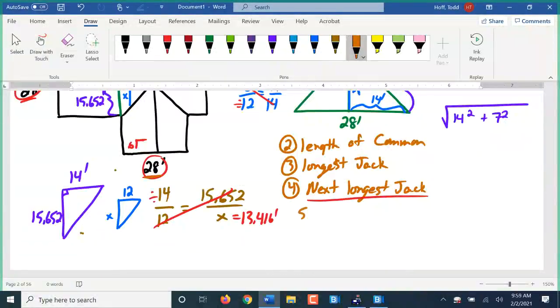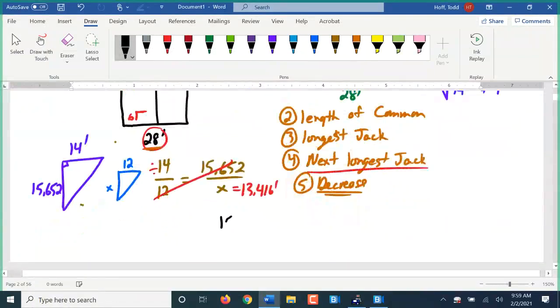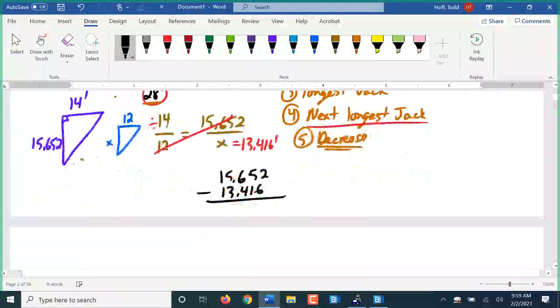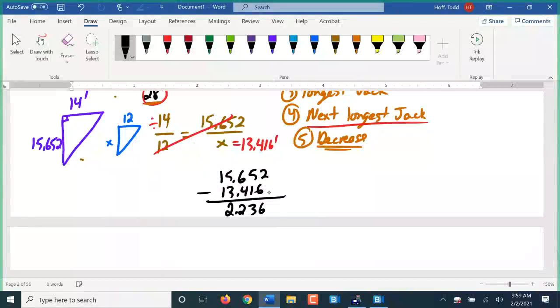So our final step is to find that decrease. 16.652 minus 13.416 gives us a decrease of 2.236 feet. Now that should look familiar.